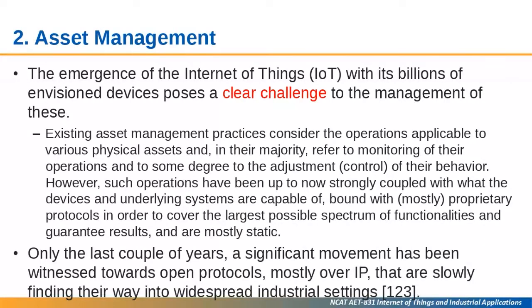Existing asset management practice considers operations applicable to different physical assets to monitor their operations and maybe some adjustment of their behaviors. And within recent years, a significant movement has been witnessed towards open protocols. That's what we discussed before, and especially they are related to IP, and they will actually find their way into the industrial settings.